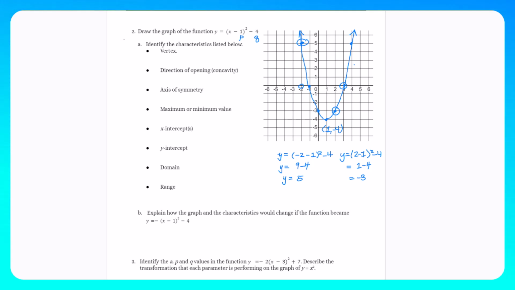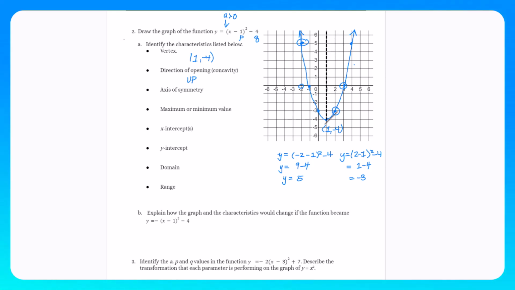So from this, let's answer some of these questions. Well, we already know the vertex is (1, -4). We also know just by looking at the graph, because A is greater than 0, that this is opening up. The axis of symmetry comes from the p-value. Let's draw in our axis of symmetry.